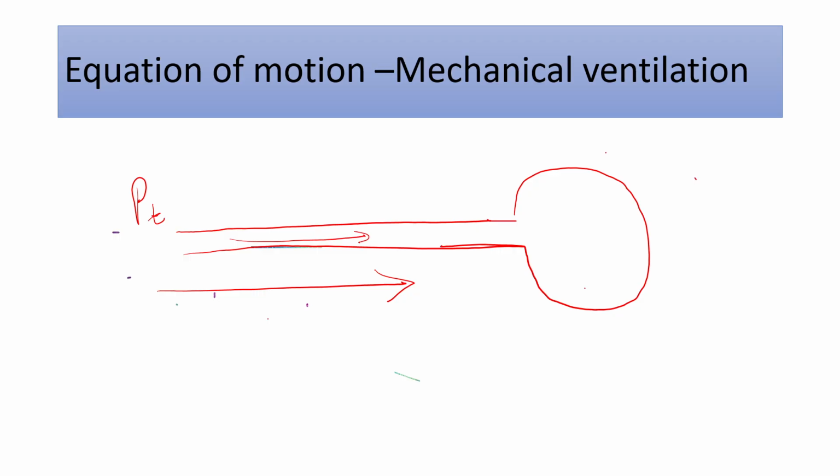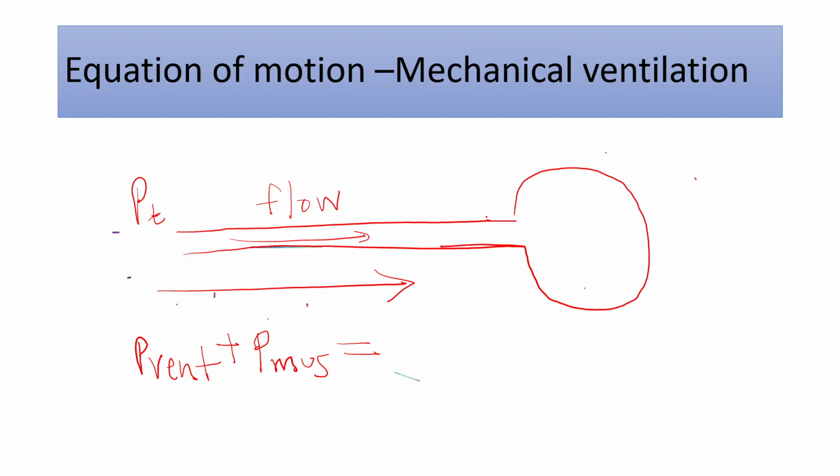It will depend upon the ventilator pressure, which is generated by the ventilator's positive pressure, plus the P muscle pressure. P muscle is the pressure generated by the patient in assisted ventilation. The patient will pull the diaphragm down to breathe in and take in air. So these two pressures work in sync to cause the respiration in the patient, which is equivalent to the flow.